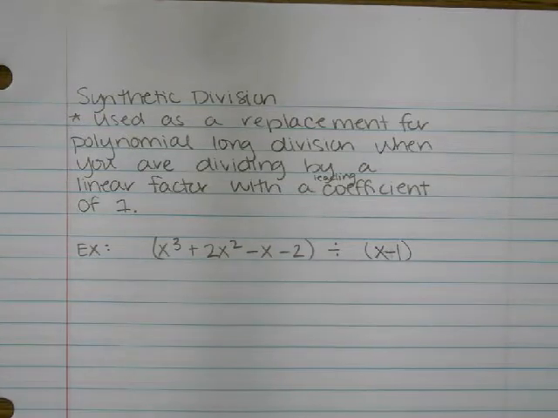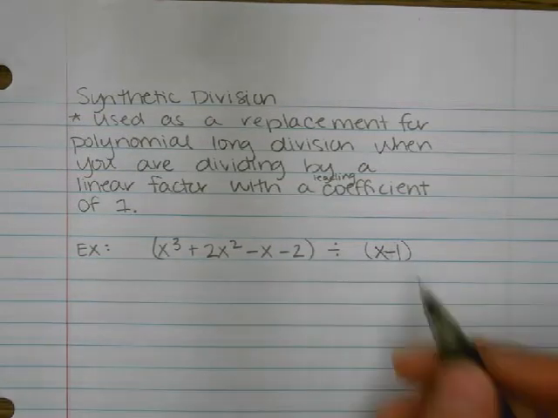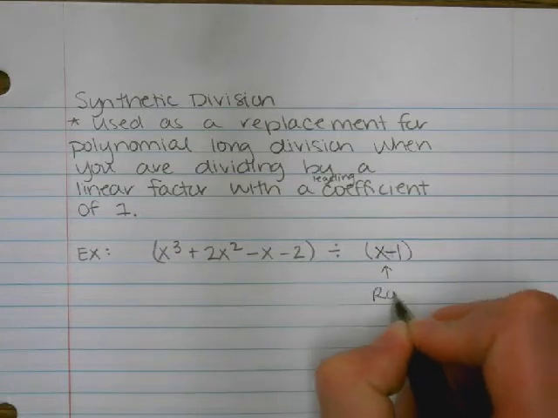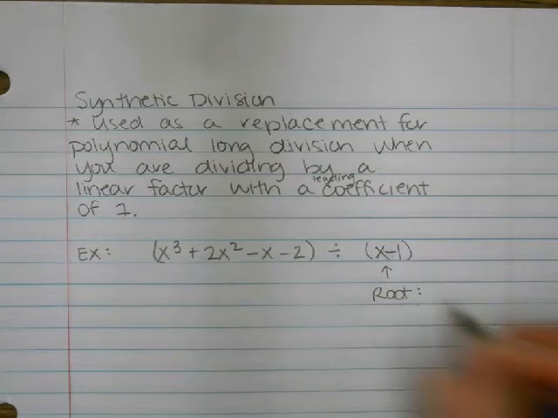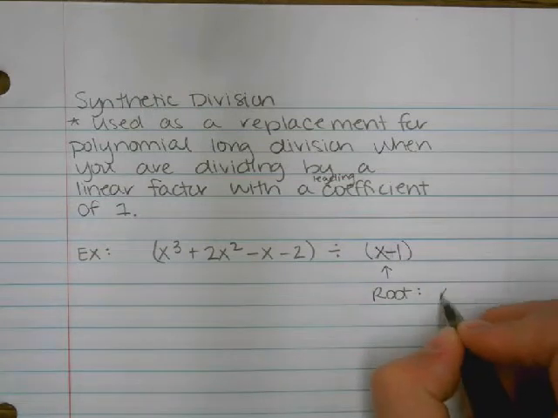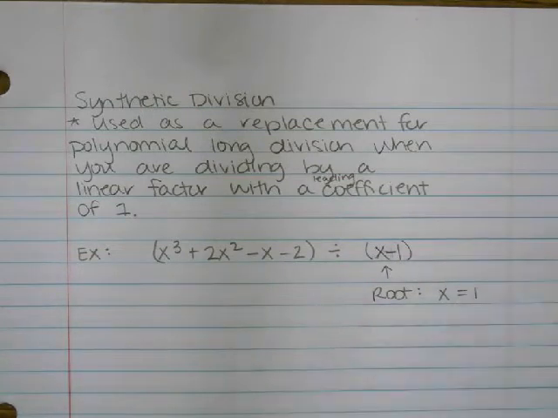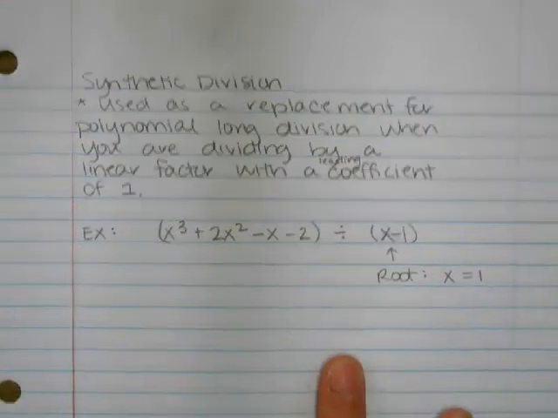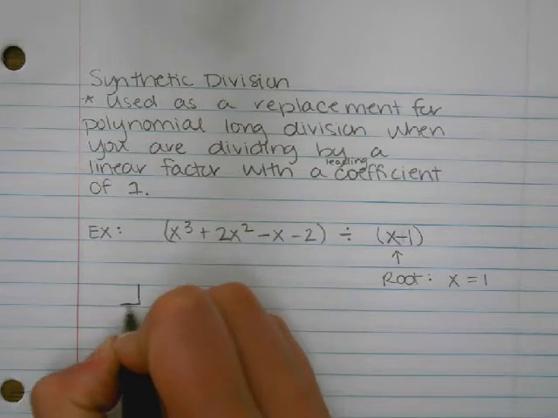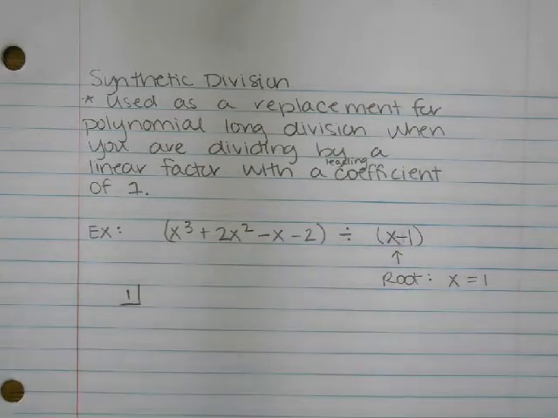So here is how synthetic division works. First, you have to figure out what your root is. Your root is the opposite sign of whatever was in your linear factor. So I'm going to say the root is x equals 1. Then we're going to draw a little box and put that root inside the box.